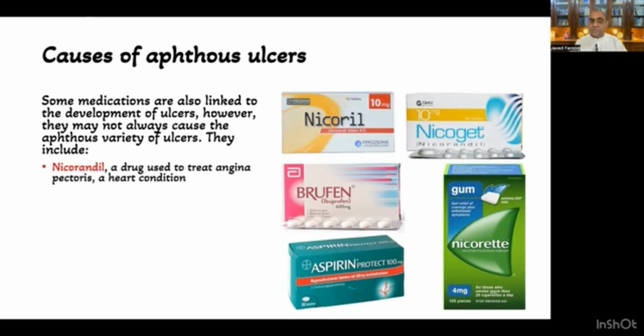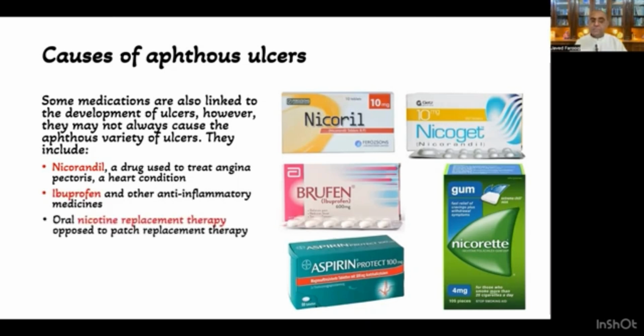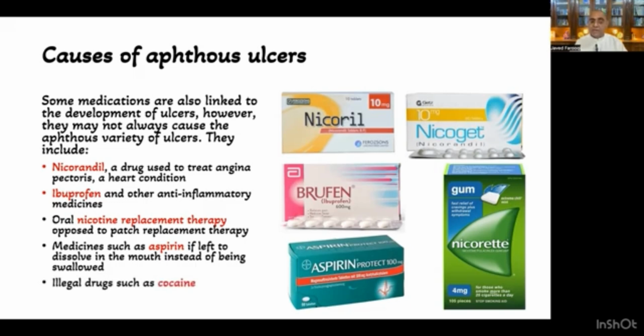These drugs include nicorandil, a drug used to treat angina pectoris or heart conditions, ibuprofen and other anti-inflammatory medications, oral nicotine replacement therapy, medicines such as aspirin if left to dissolve in the mouth instead of being swallowed, and illegal drugs like cocaine. All these are associated with development of Aphthous ulcers.